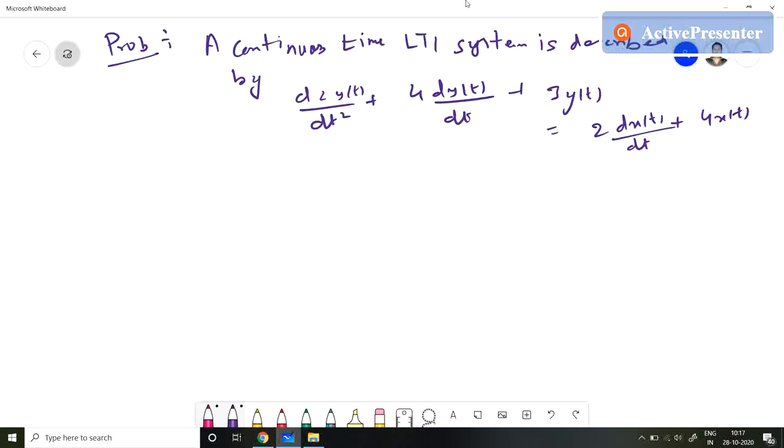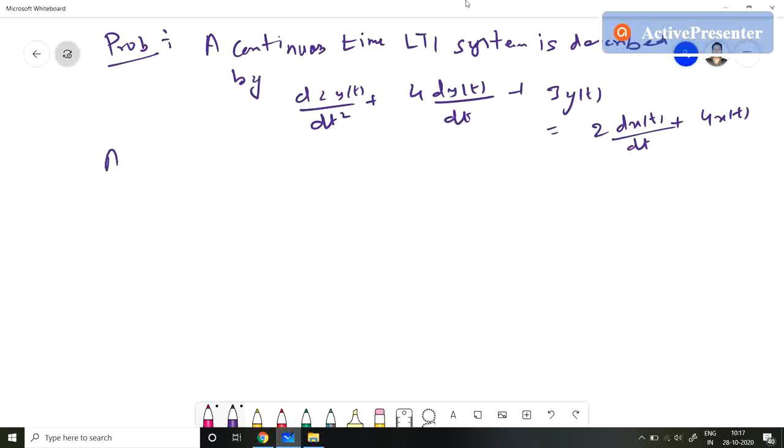So this is a continuous time LTI system, and it is described by the second order differential equation.